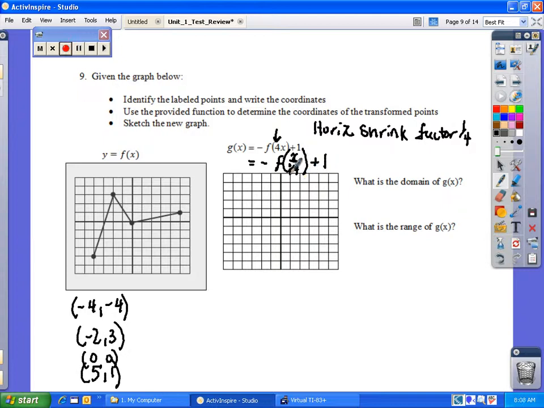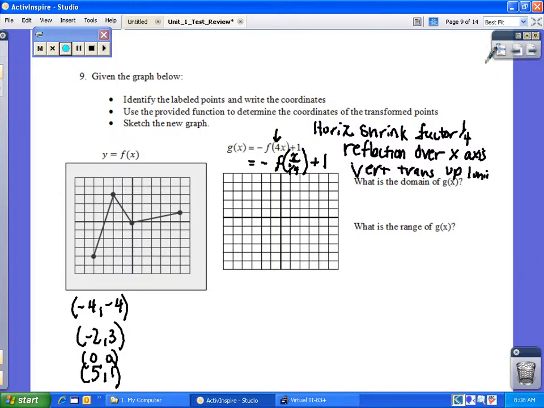Remember, that's a standard form of horizontal and it's inside the parentheses. This is also a negative, so this is also a reflection over the x-axis. And it's a translation, and again, that's going to move up, so that's a vertical translation up 1 unit. Okay?